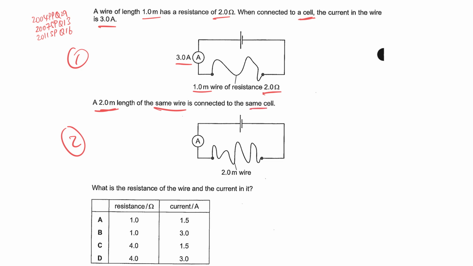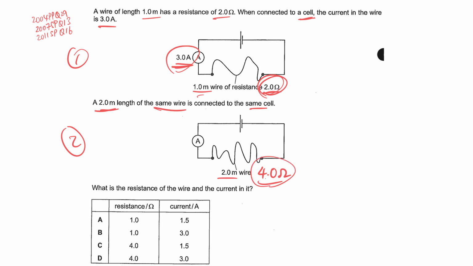Now you can actually solve this easily because everything being the same, that means cross-sectional area and material are the same. The only thing different is the length is double, so the resistance will also double. So instead of 2, it will now be 4.0 ohms. The original total resistance of the circuit is 2 ohms and the current is 3 ampere.